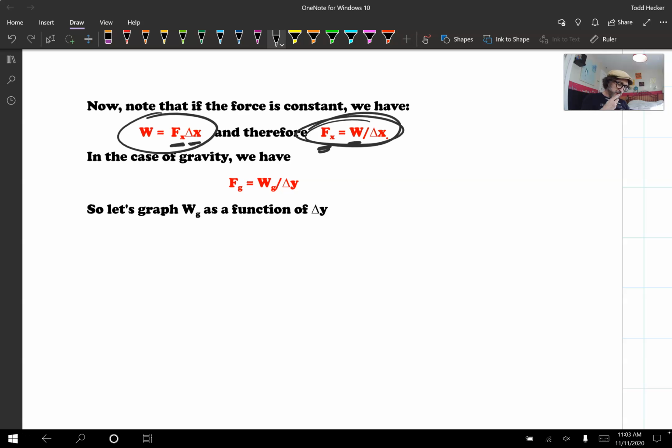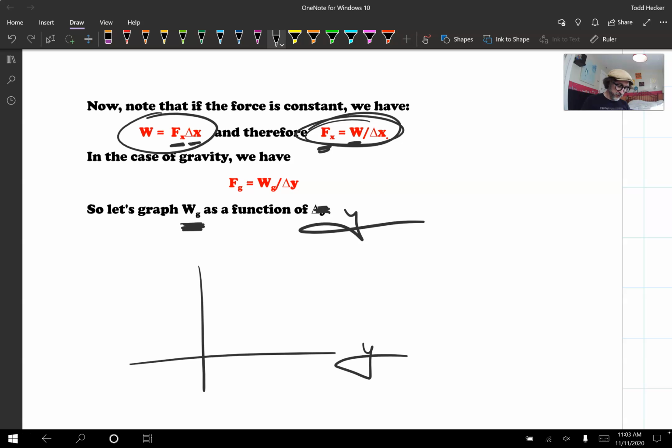So let's do this. Let's figure out what the graph of the work done by gravity would look like as a function of the vertical position. Okay? So here's my vertical position. Here's the work being done. Well, here's my equation, right?